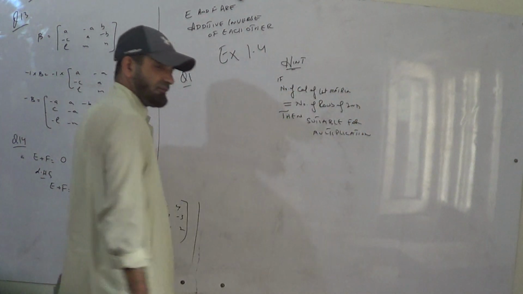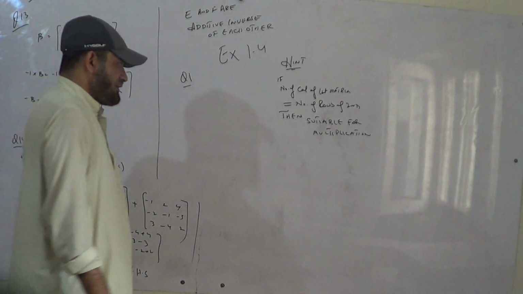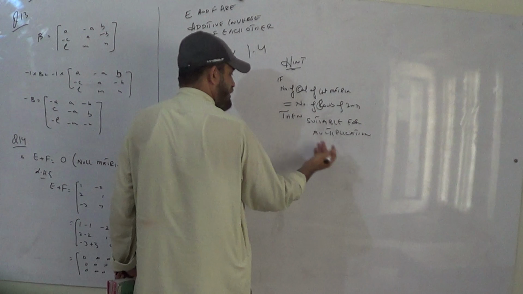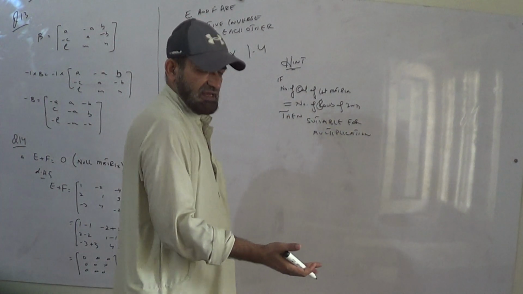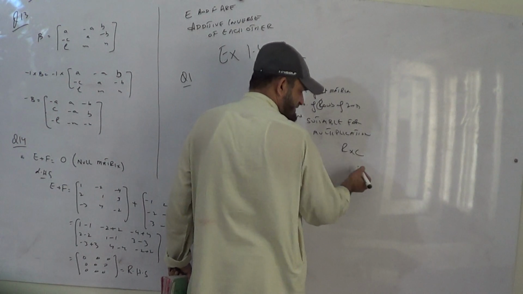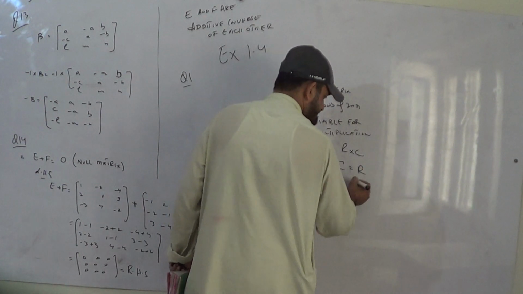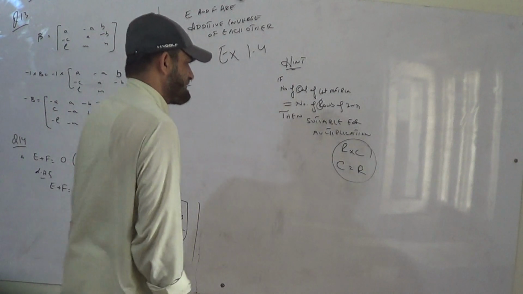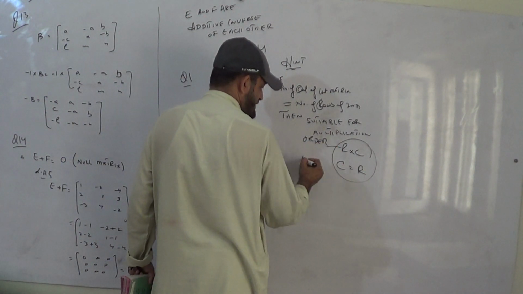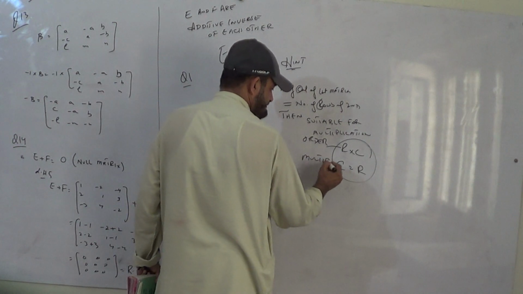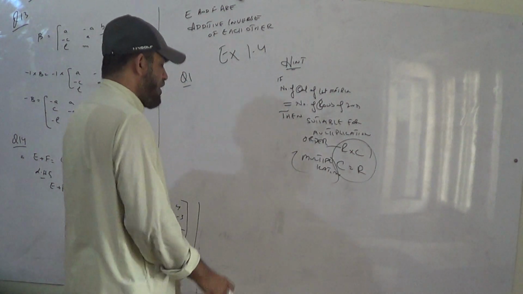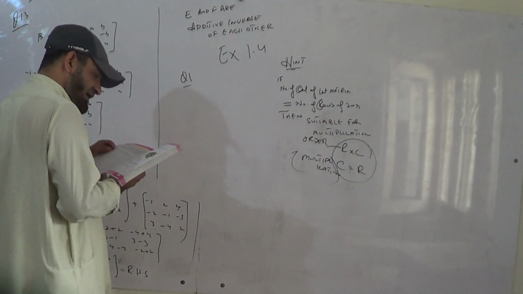How do you remember that? C for column and R for rows: column first and then rows. Like in finding the order, it is R cross C. But in the case of multiplication, C equals R. This is for the order of the matrix, and this is for multiplication.